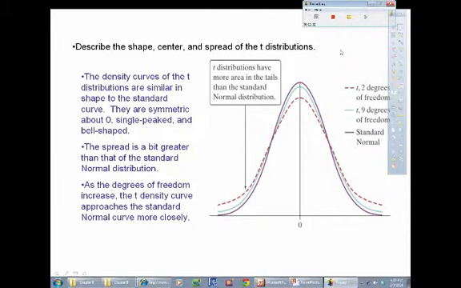Now you might ask what degrees of freedom are all about. Well, there's no simple answer to that. Simply, the shape and spread of t-distributions depend on the degrees of freedom, which depend on the sample size. The larger the sample size, the more degrees of freedom, and the closer the t-distributions come to the standard normal distribution.